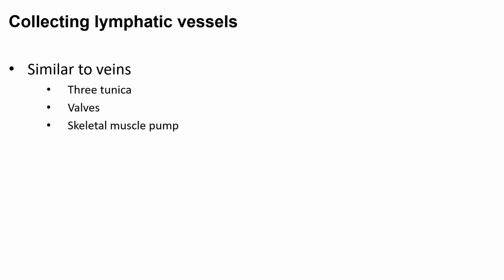And the valves are going to work very similar to veins, where there is a skeletal pump that keeps things moving. Okay, the skeletal pump is going to drive a pressure gradient that is going to cause the valves to open or close, which is going to influence the fluid that builds up.